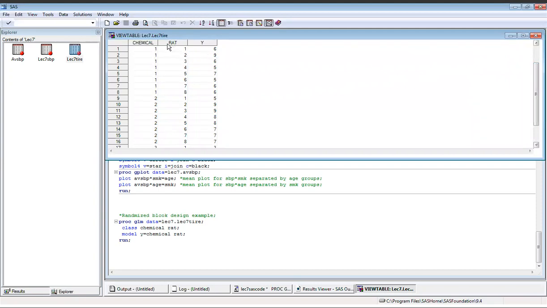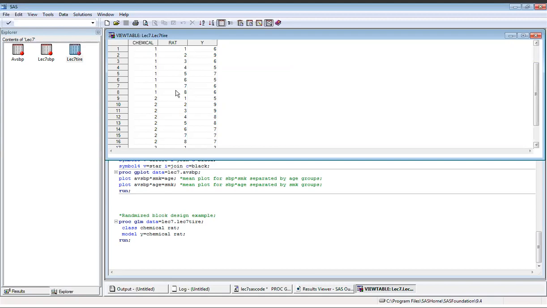And then remember, the rat is the random block because we randomly assign these chemicals among the rats. And this is a complete random block design because each rat will contain chemical 1, 2, and 3.